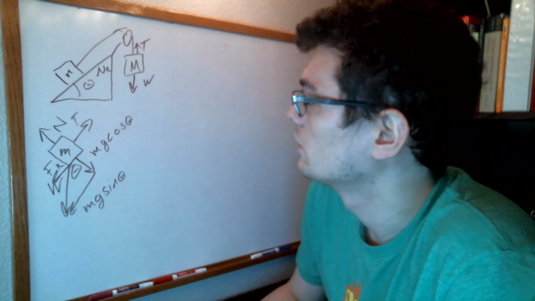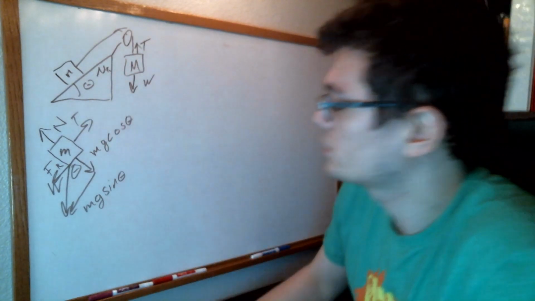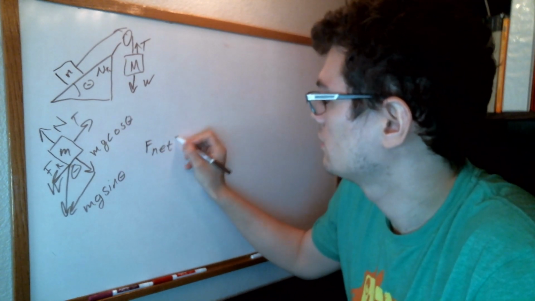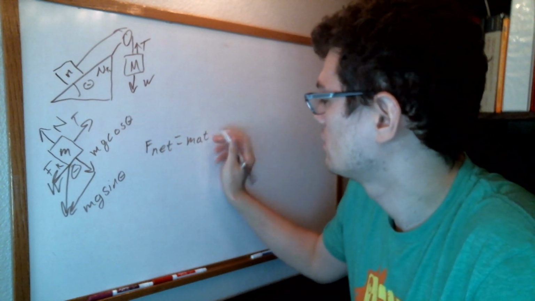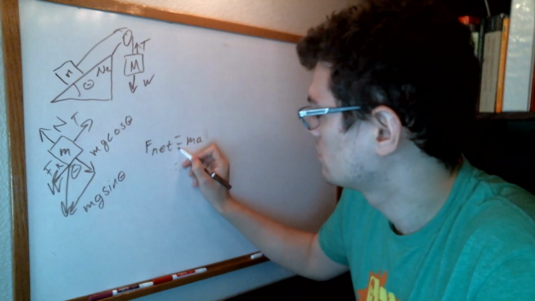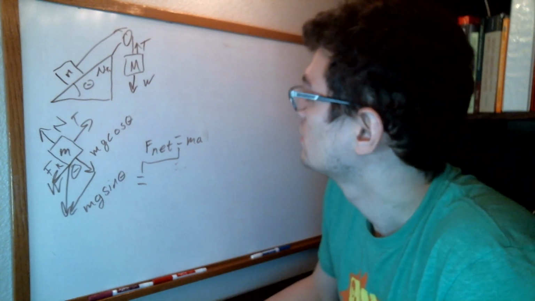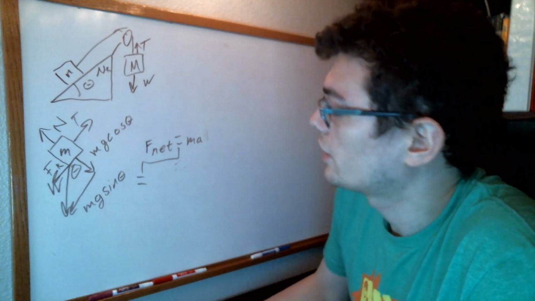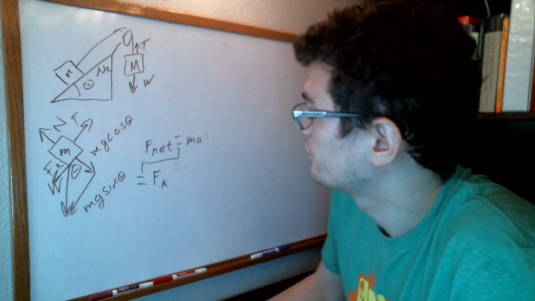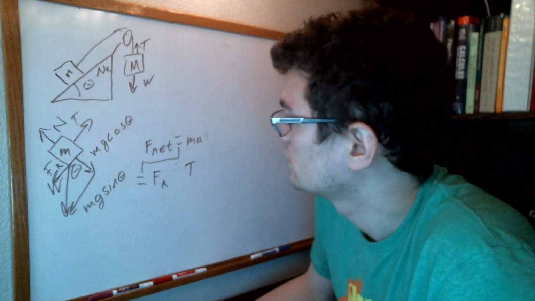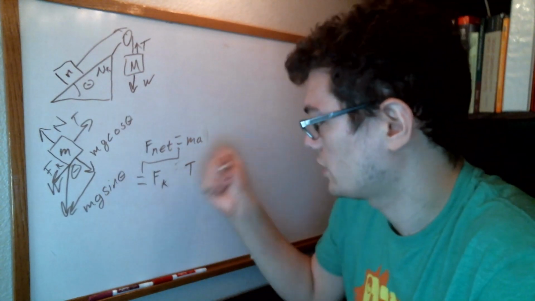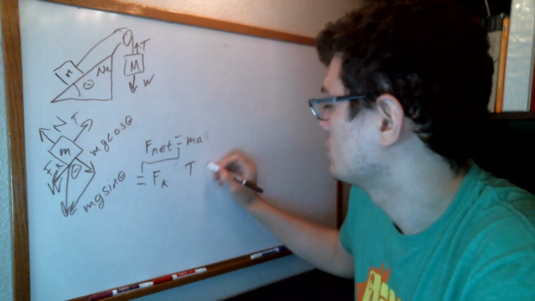So for the forces in this direction, we're going to have F net is equal to MA, which is going to be equal to we're going to have FK, we're going to have T, we're going to have the frictional force, we got that T, and mg sine theta.